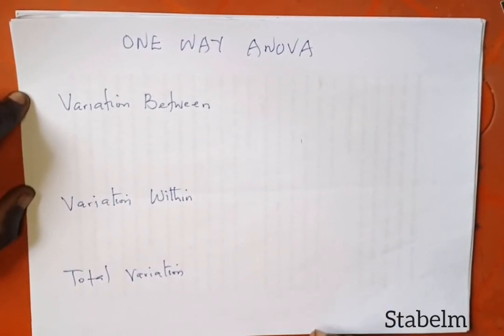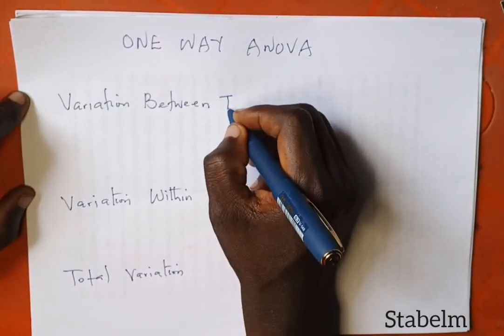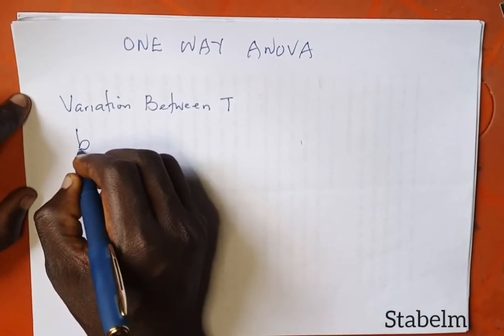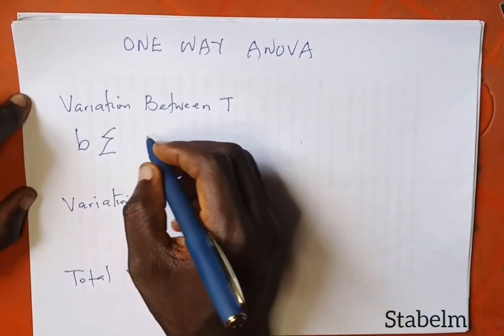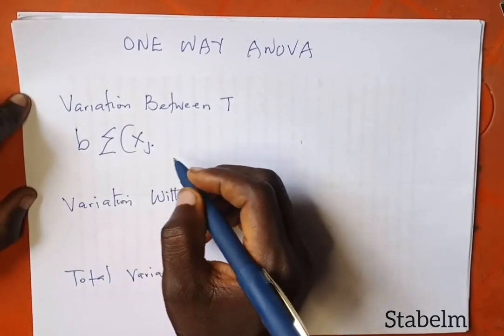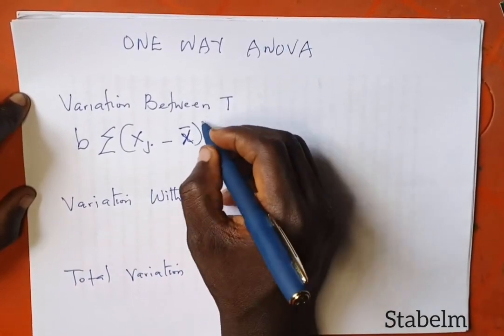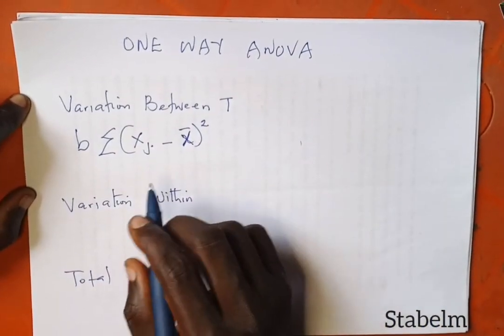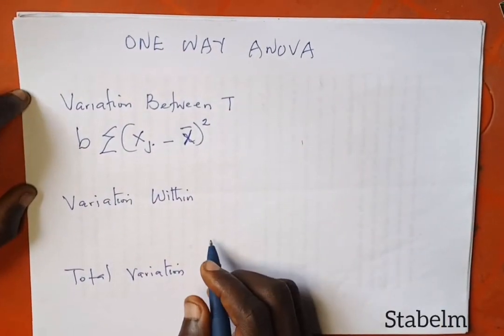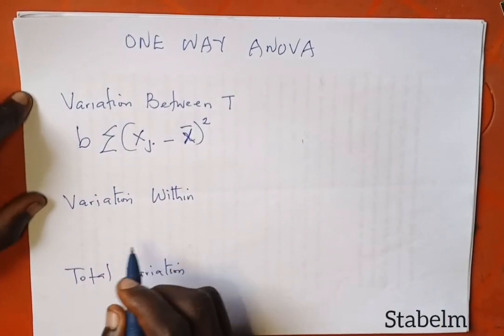Now, variation between, let's say between treatment, the formula is given as: we have B summation (x_j dot minus x bar) all raised to the power of 2. This is the formula to get the variation between treatment. And variation within treatment, you can use this formula.